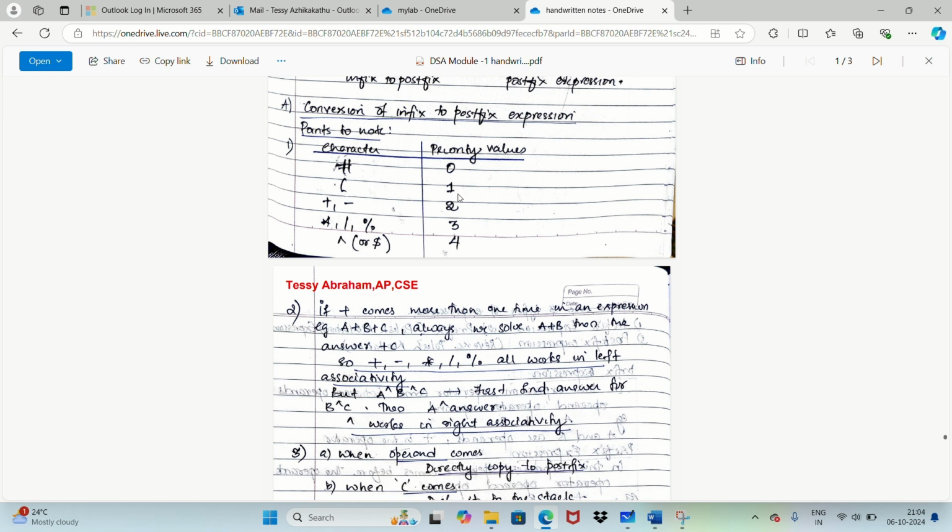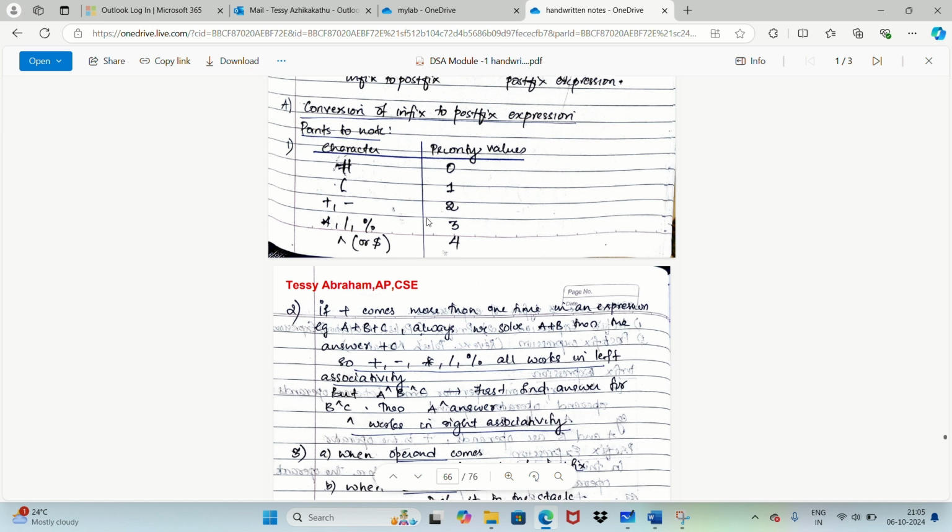An opening bracket has priority value 1, plus or minus has priority value 2, into, slash or modulo has priority value 3. Power, you can write either with the upper caret sign or the other symbol, and both of them denote power. Its priority value is 4.